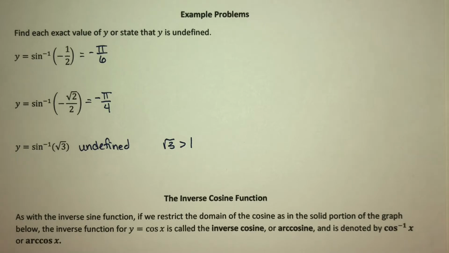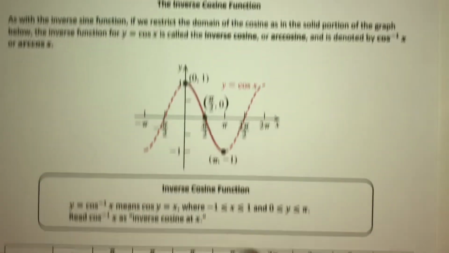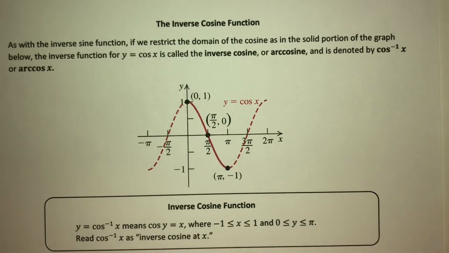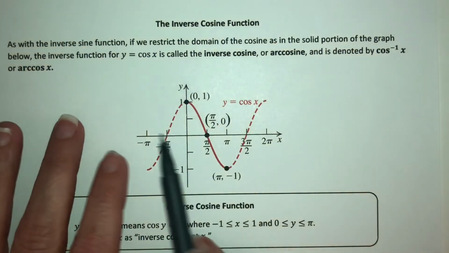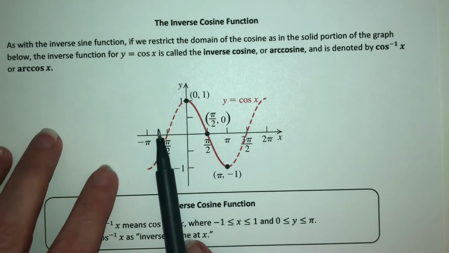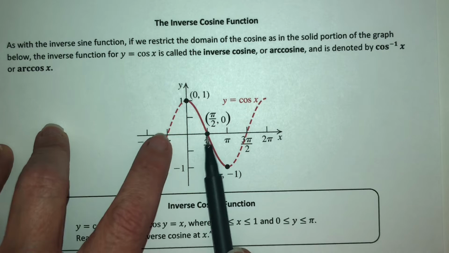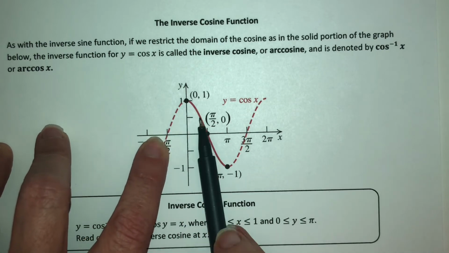Now, similar, the inverse cosine function. Again, we still have to restrict the domain of it because it is periodic, and we still want to make sure that we have every value represented between negative 1 and 1. Because of where the cosine function is located, I can't use the same restriction because I would have only positive values.